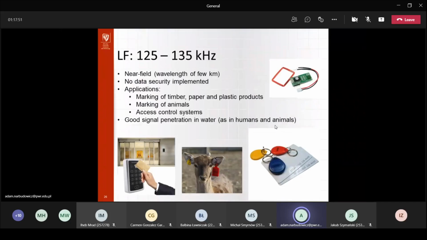So that might be an advantage for tagging, like animal tagging applications, animal marking, but also in terms of the wavelength, they typically operate in the near field. Yeah, simply that antenna miniaturization or the coil is very small here.